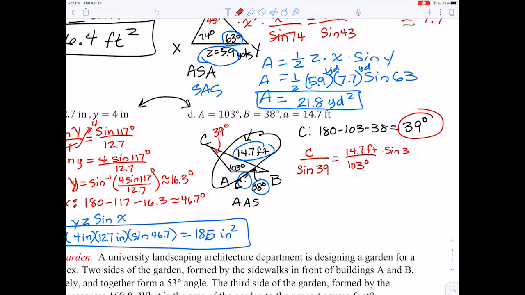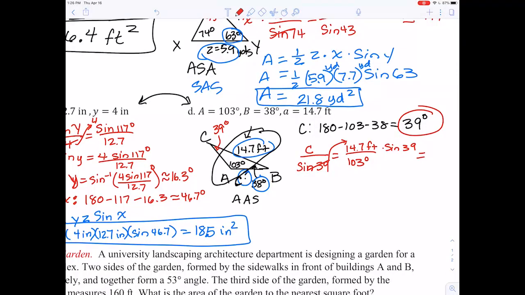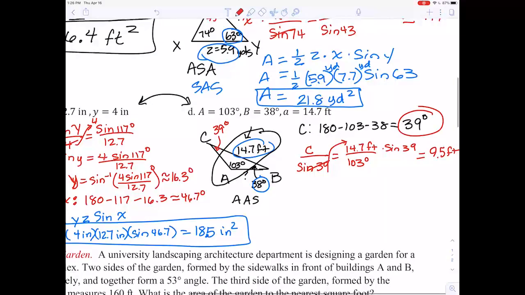Just cross multiply there. Plugging that into the calculator, we get approximately 9.5 feet. And that's the measure of this side down here.